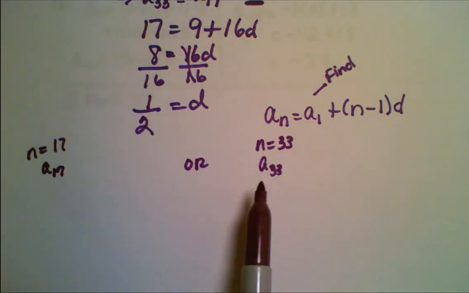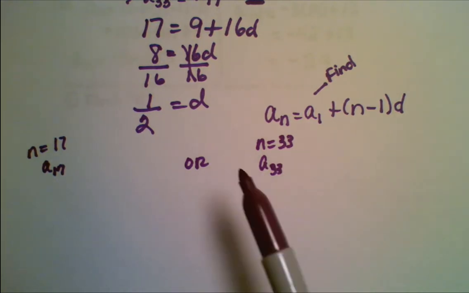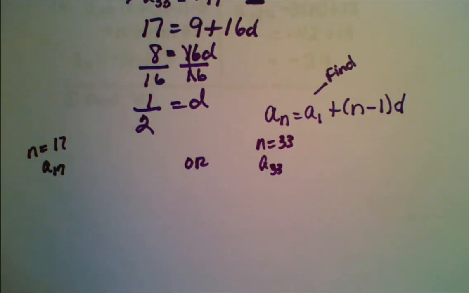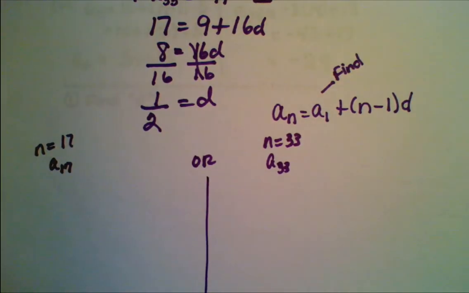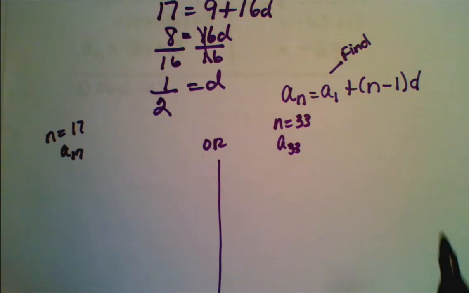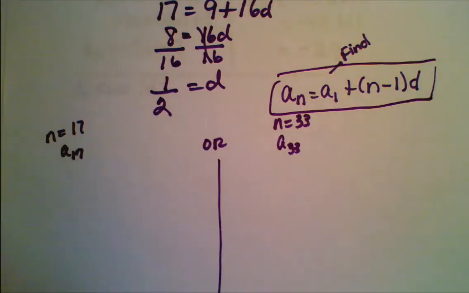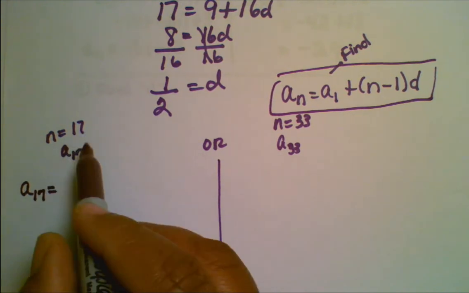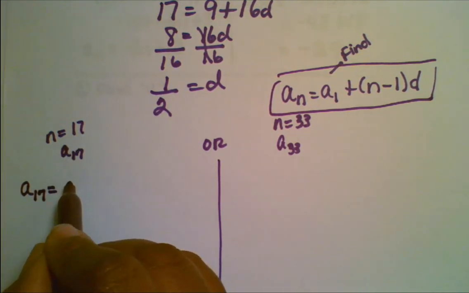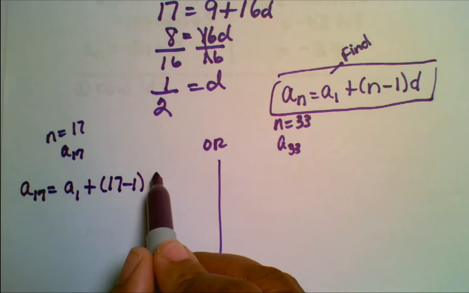Okay, what's going to happen? It doesn't matter what we use for n, either 17 or 33, because at the end, as we solve this to find a sub 1, we're going to get the same value. Let me show you. We're going to use this formula to find the first term. When n is 17, you have a sub 17 is equal to a sub 1 plus 17 minus 1 times D. We said D was 1/2.